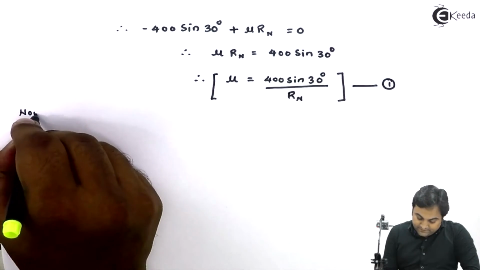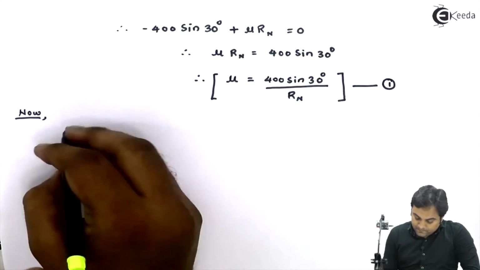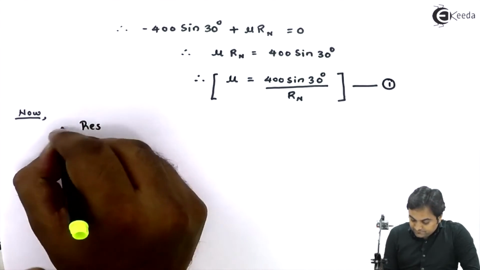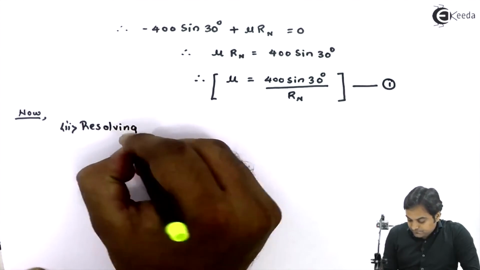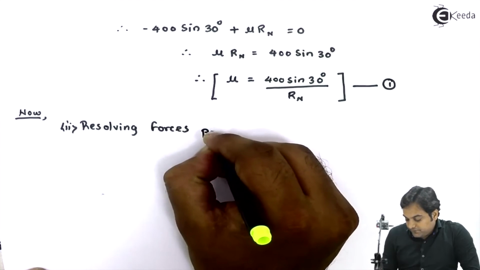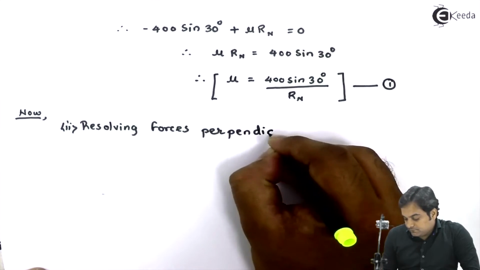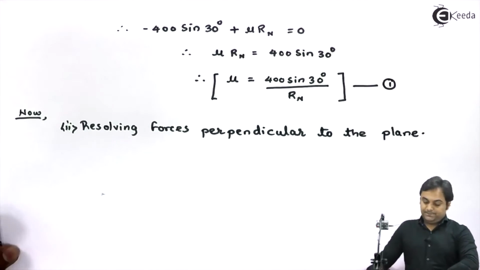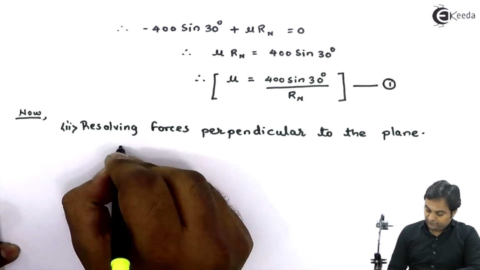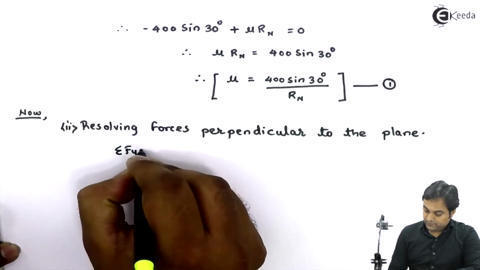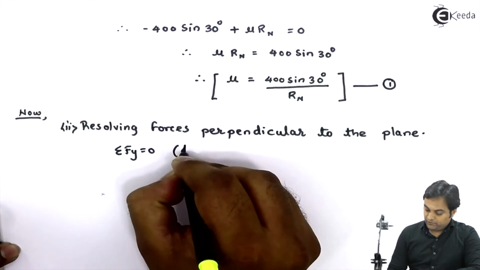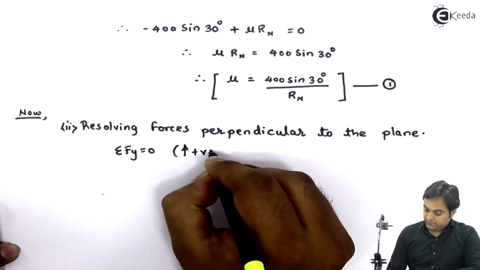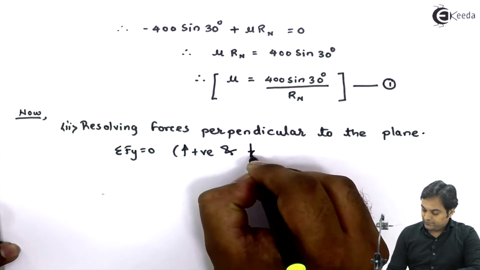Next I will say that resolving forces perpendicular to the plane, I will say that summation of Fy is equal to 0, upward forces positive and downward forces negative.